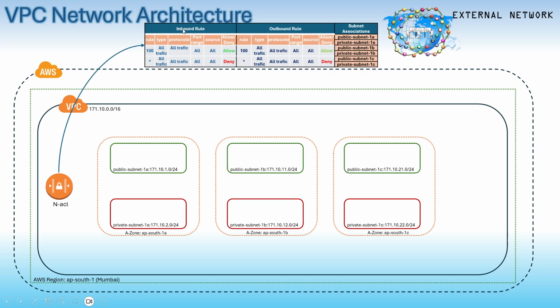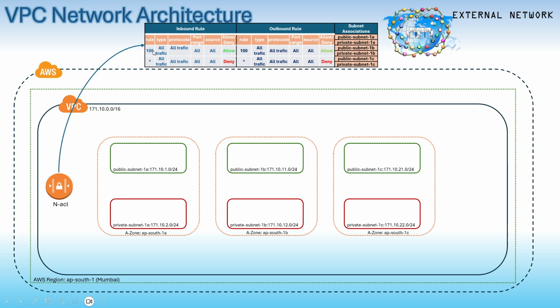By default, the inbound rule has all traffic enabled, and the outbound rule also has all traffic enabled. This rule works on the priority number you write over here.